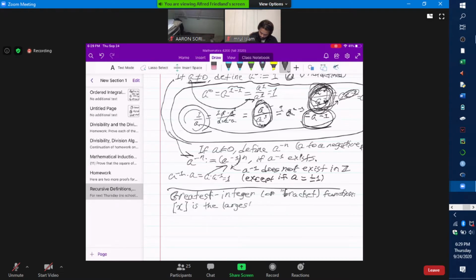It is the largest or greatest or biggest integer, and some books will write this, but I think we should define it in x. What does that mean? It means the biggest integer that is less than or equal to x.